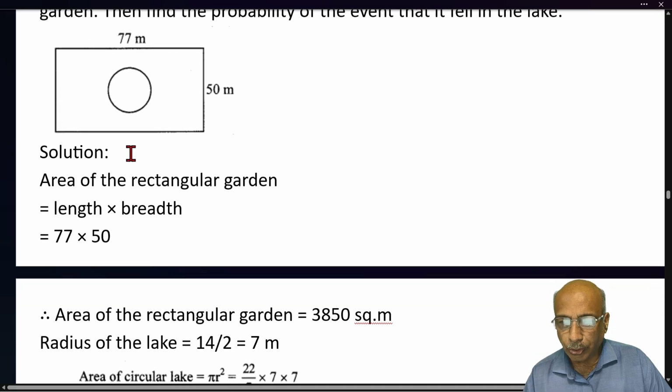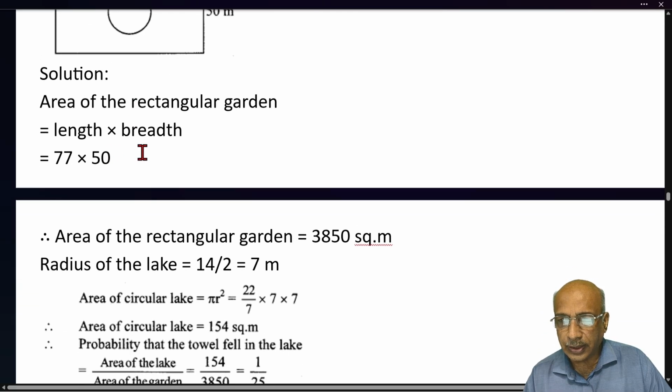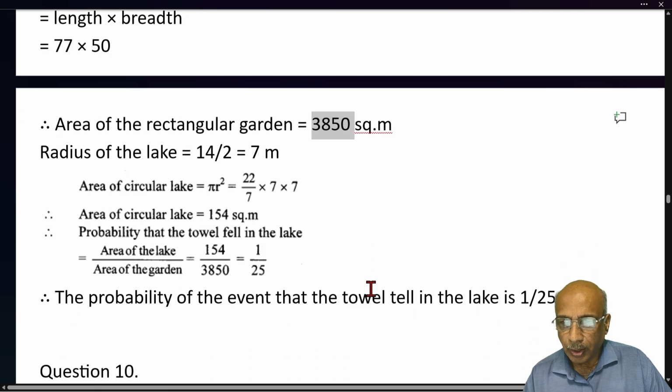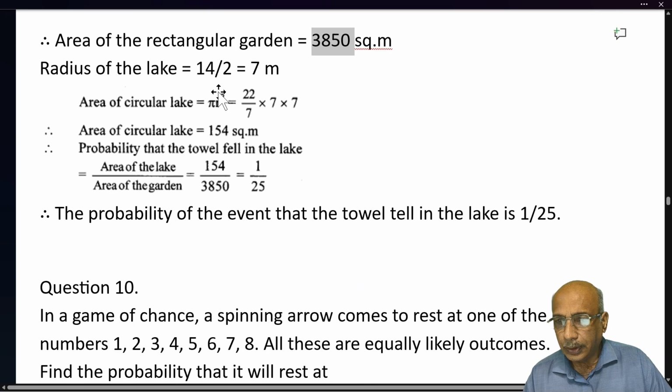Now solution. Area of the rectangular garden is length into breadth, 77 into 50 equals 3850 square meter. Radius of the lake will be 14 upon 2. Diameter was given. So 14 upon 2 equals 7 meter. Area of circular lake, pi r square.